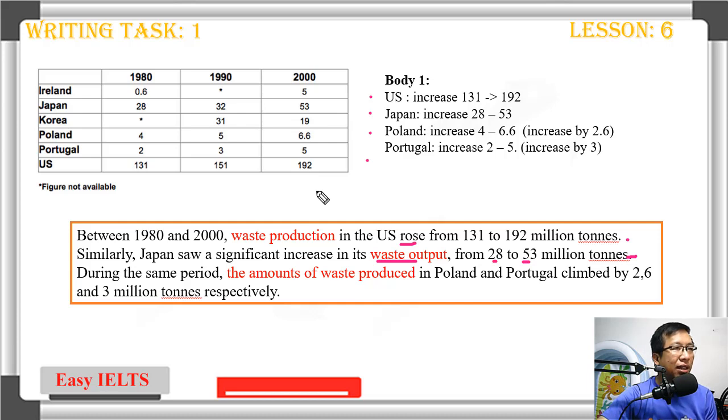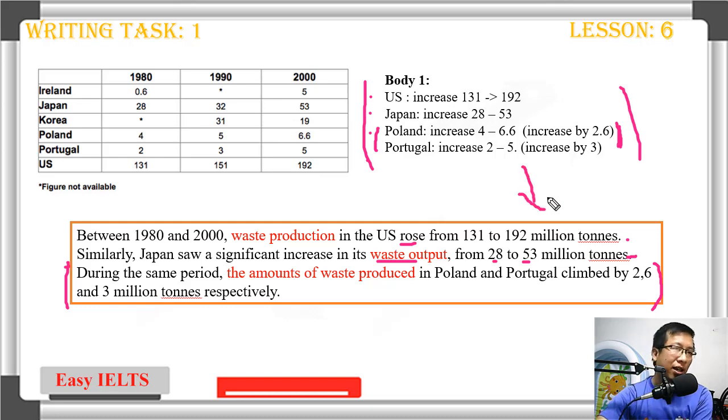And now we can combine the two sentences into one sentence right here. During the same period, the amount of waste produced in Poland and Portugal climbed by 2.6 and 3 million tons respectively. And again, I'm going to have a whole lesson on how to combine the two sentences and how to look at the numbers here, and we're going to write it into a paragraph.